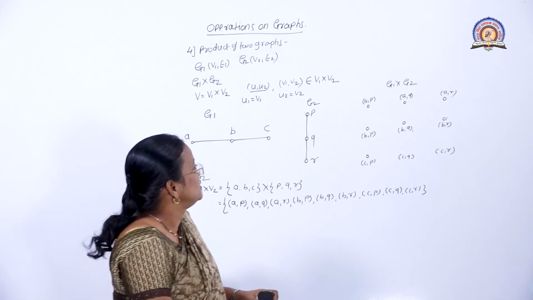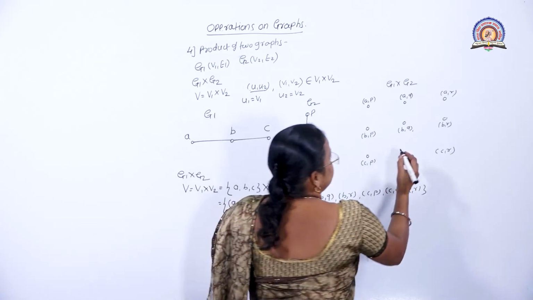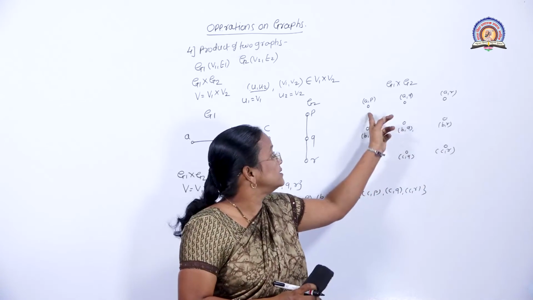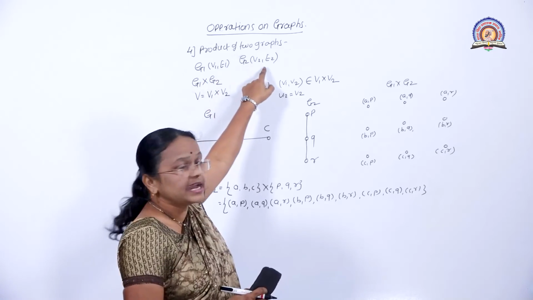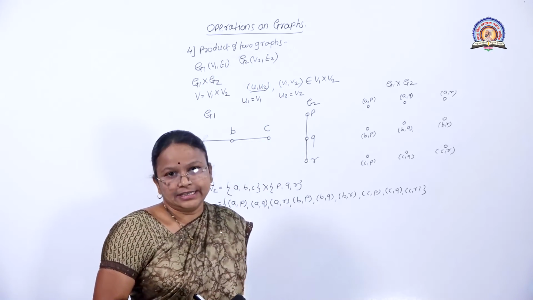This is the vertex set, and these are the ordered pairs of a vertex from G1 and a vertex from G2. Now we have to draw the edges.